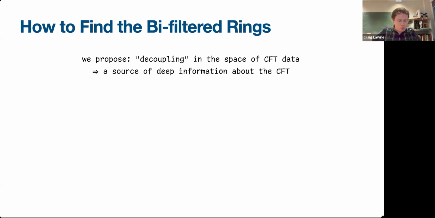So the conceptual question was, how do we actually find these bifiltered rings in the first place? What we proposed is that there should be some kind of deep connection between decoupling in the space of CFT data, which I'll explain what that means, and that's somehow very important for the CFT.